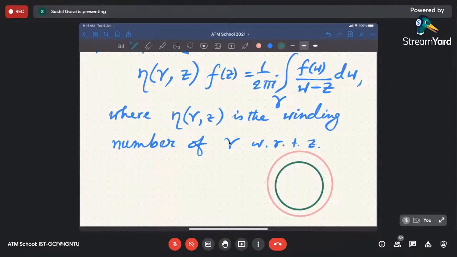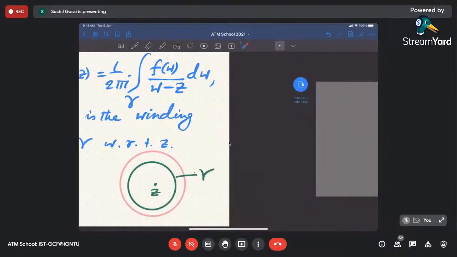If this is gamma, then for the points z here, the winding number will be 1. So in this case F(z) will be this one. This is the standard form of Cauchy integral formula, which is actually used in many places. Okay, but here the proof is very simple.